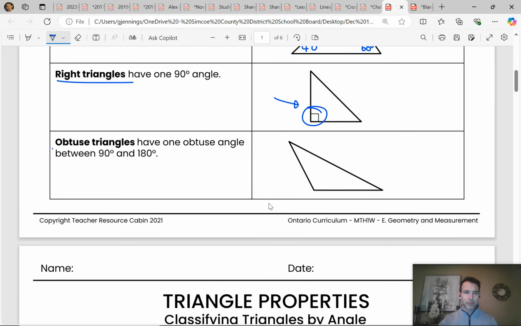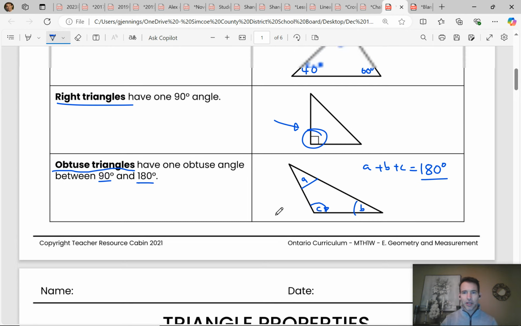Obtuse triangles are a little more. There can only be one angle in a triangle that's greater than 90 degrees, between that and 180. Because here's another property of triangles: angle A, angle B, and angle C have this property: A plus B plus C will always equal 180 degrees.